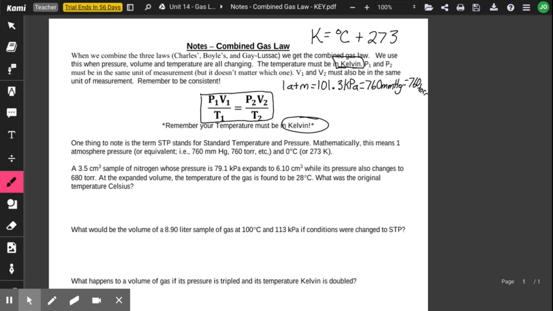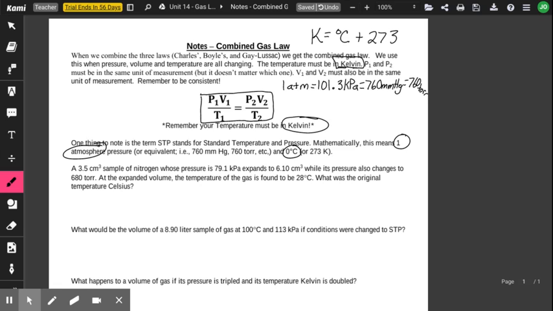Standard temperature is 0 degrees Celsius and standard pressure is 1 atmosphere. Now, I might tell you that I'm at STP, and that's just going to remind you that those are the numbers that you're going to be looking for. All right. So here is our first problem.